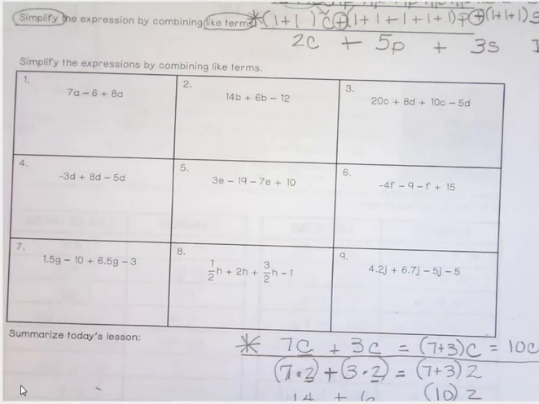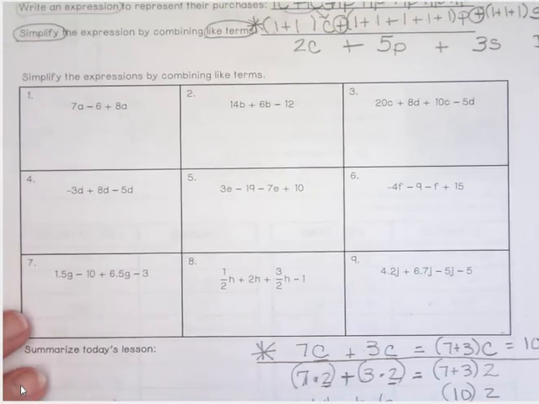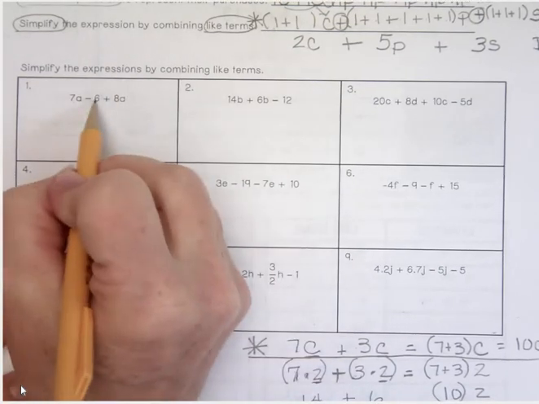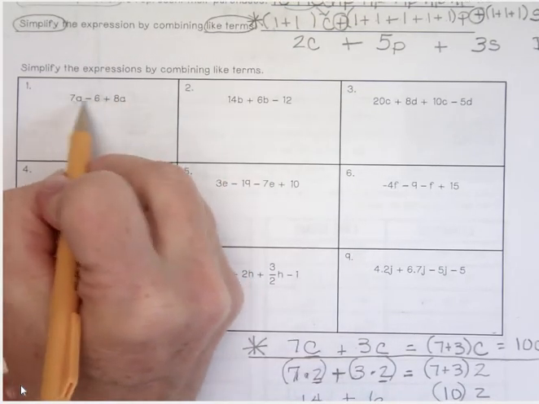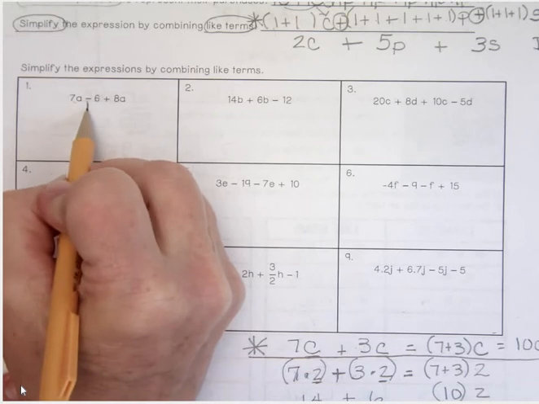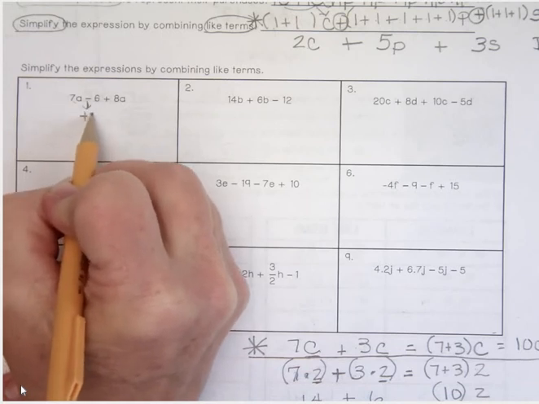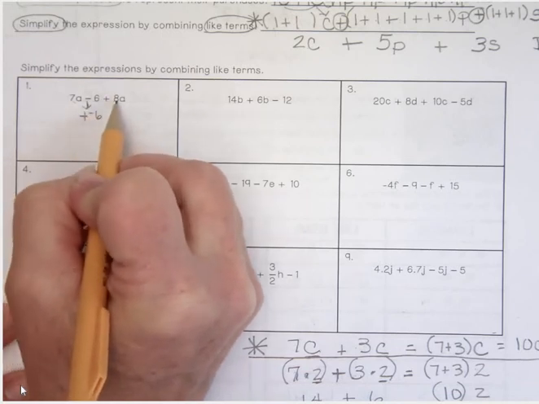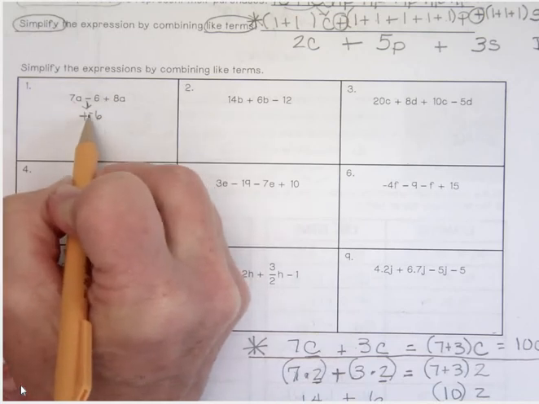So in our first example, we like to count our terms and see how many we have. 1, 2, 3: positive, negative, positive. So we can see that negative term as add the opposite.